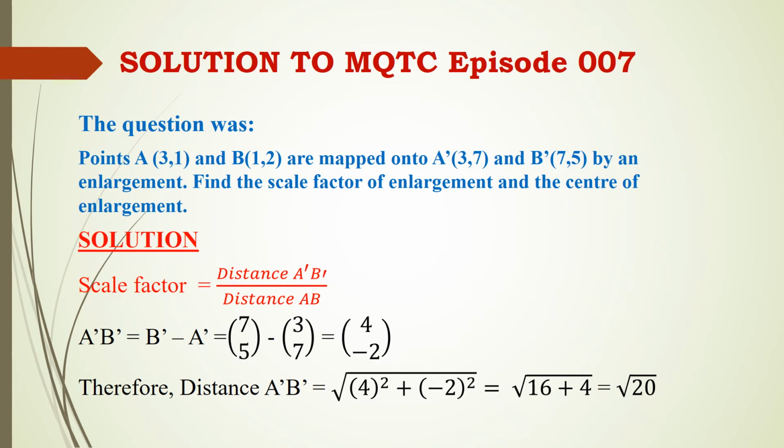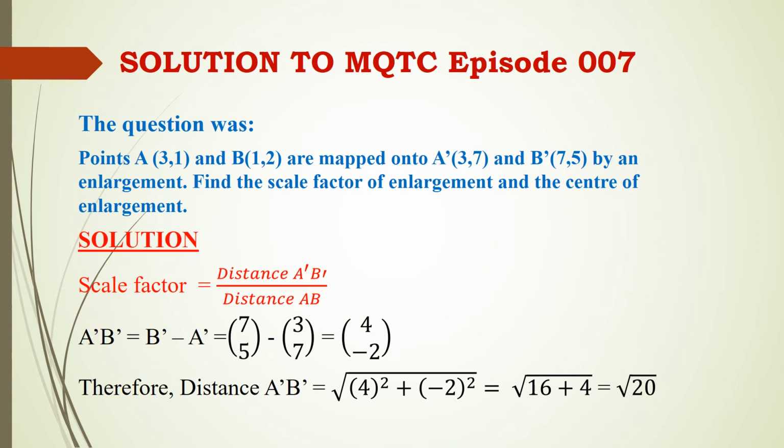How do we find the distance between A prime and B prime? We will use the vector method. We will start by finding the column vector between A prime and B prime. You take the coordinates of B prime, write them in column form, subtract the coordinates of A prime written in column form, and you obtain the column vector (4, -2). Then we find the magnitude. Magnitude, remember, is the distance, the size, the length.